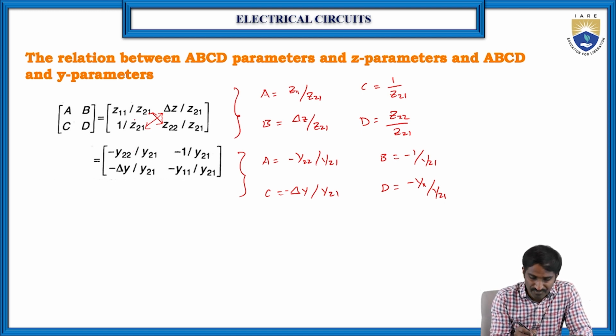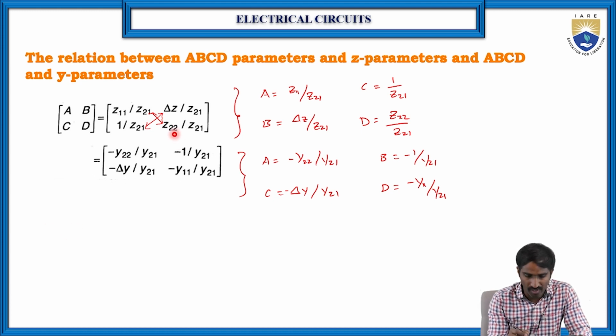Suppose you interchange these, because here we have Z11 and here Z22, so Z22 and Z21, if you interchange this one to this place, then instead of Z, if you write Y, then Y22 and Y11. So as you can see, these two are similar, only the minus sign differs.